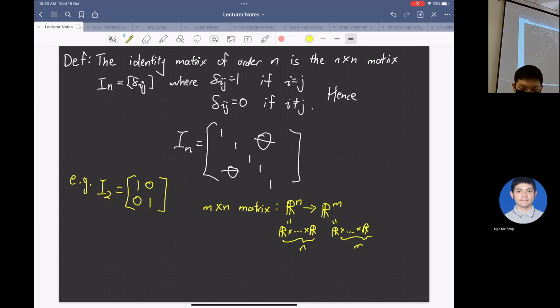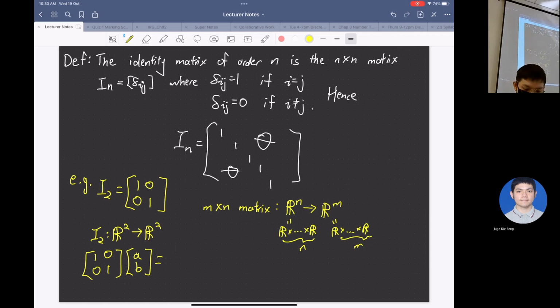The things inside are vectors. For example, I2 is a map from R2 to R2, a function from R2 to R2. How it acts, I think you know how to multiply a matrix with a vector. You know? Yeah.